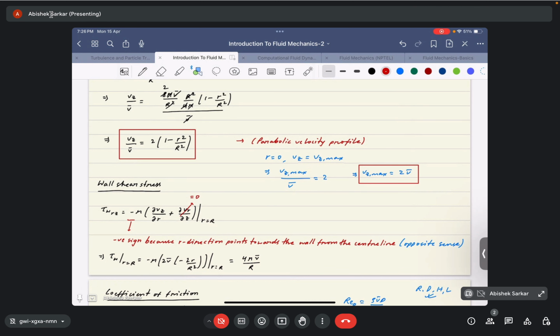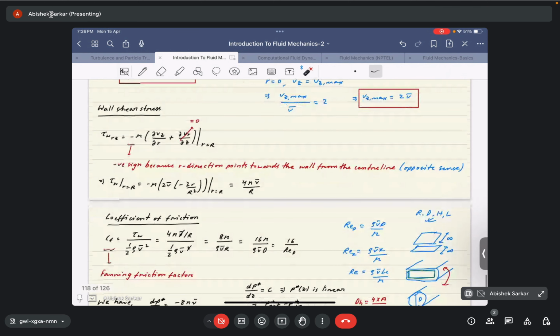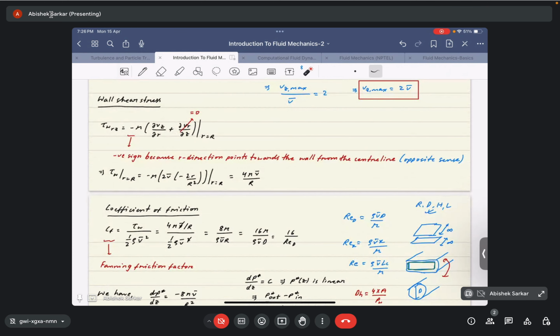Now let's find the expression for the wall shear stress in the case of flow through pipes. To find the expression for wall shear stress, we again take the aid of Newton's law of viscosity.